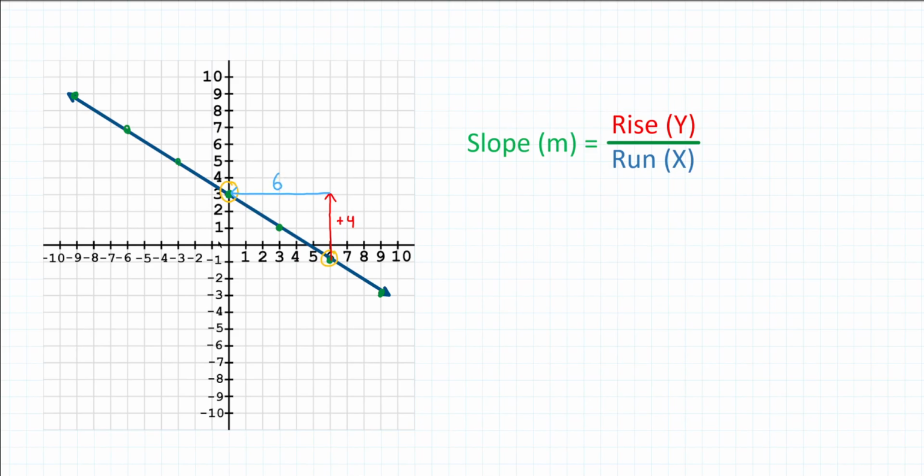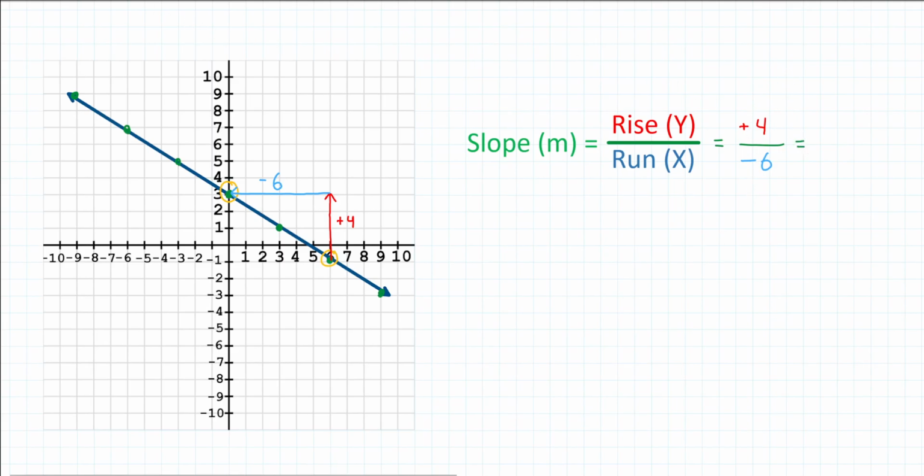Well, remember, to the left makes my number negative. So when I put this into the fraction, it's going to be positive 4 over negative 6. So I'm going to end up with a negative fraction because I've got two different signs here.